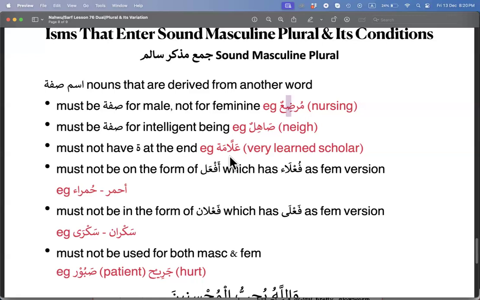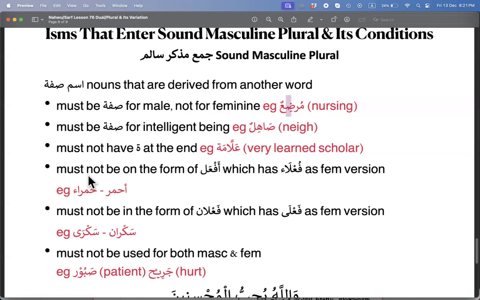This is like a hyperbole version of alim. So if you hear someone say this person is a great allamah, he's using the hyperbole version of alim. Here, because of this ta marbuta, again, it cannot become una ending.